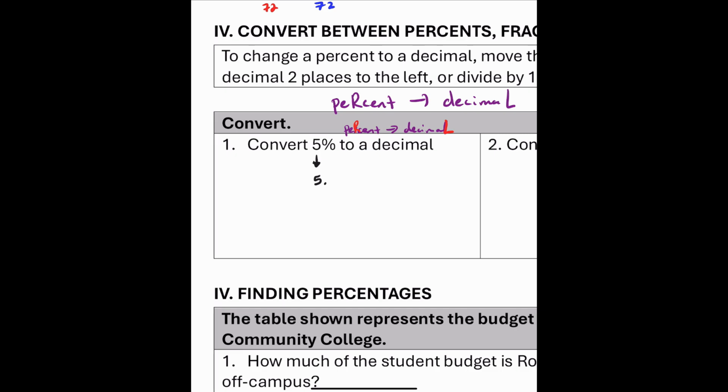So we're starting from the right, and we're going to move that to the left 2 times. So 1 and 2. Okay, let me use a color this time. We're starting from the right, 1, 2. Okay, and this is where you're going to put a 0. So the answer is 0.05.